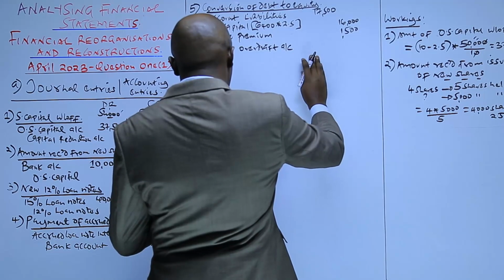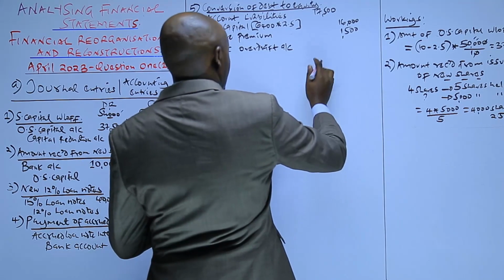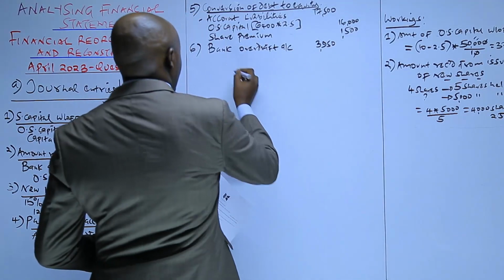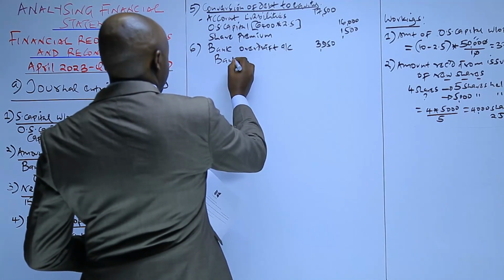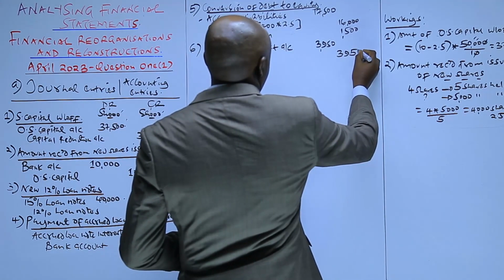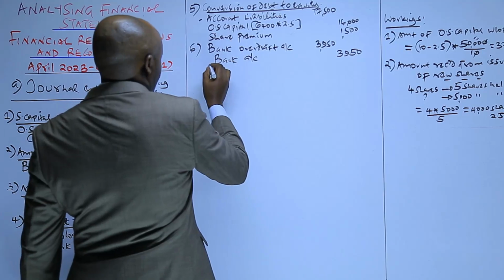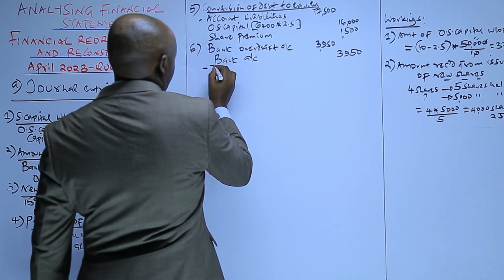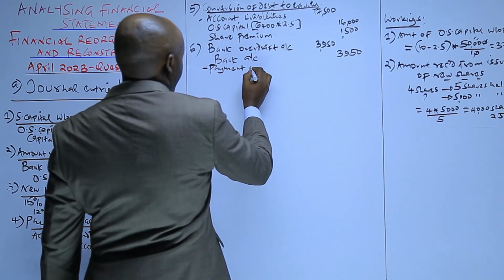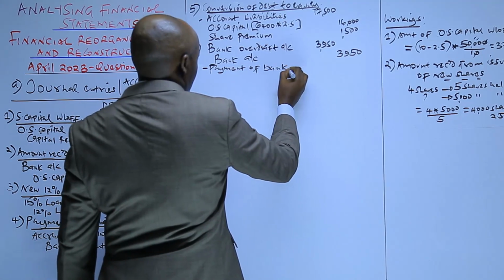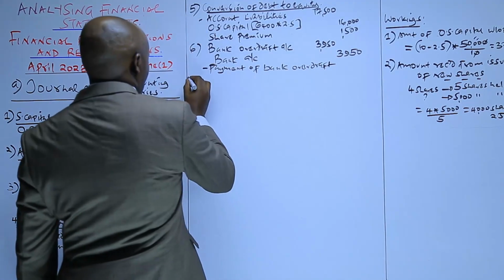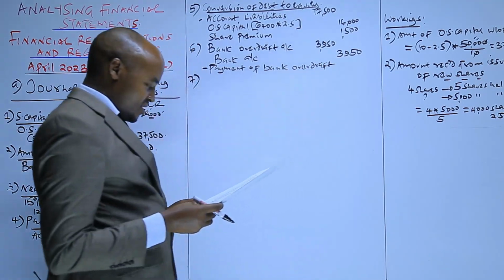The bank overdraft, from the statement of financial position, specifically under current liabilities, was 3950, and then we credit the bank account with the same amount of money. We have forgotten to write the narration, but I think we can just write it here. So what we have accounted for here is the payment of bank overdraft. Let's move to the other point, number 5.